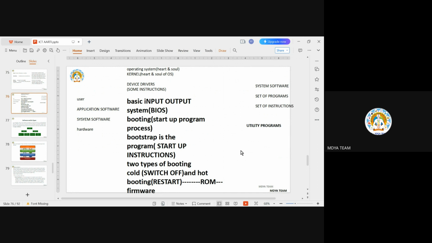When we give the command Control plus S, the operating system will save the data in secondary storage. But how do we store the data in the disk drive, like how many pages?